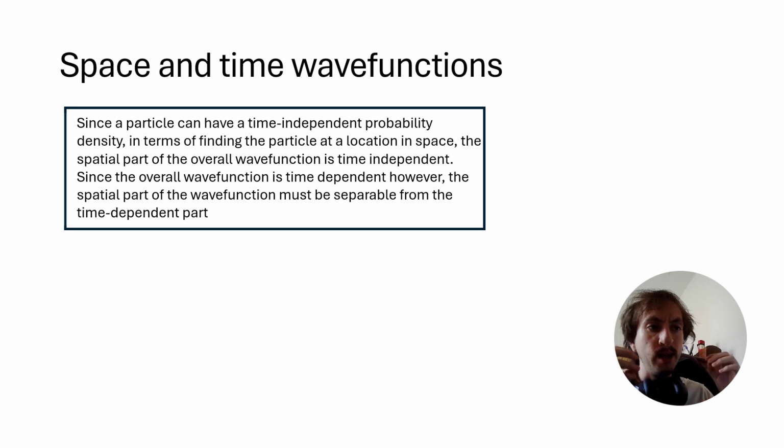Well, in this instance, because the probability depends on the magnitude of the wave function squared, we can just say that the probability of finding a particle in a particular region of space is a thing that should just depend on spatial coordinates. We shouldn't be worried about time, because if I ask what's the probability of finding a particle in this region, whether I'm asking that question at 2 p.m. or 5 p.m. shouldn't matter.